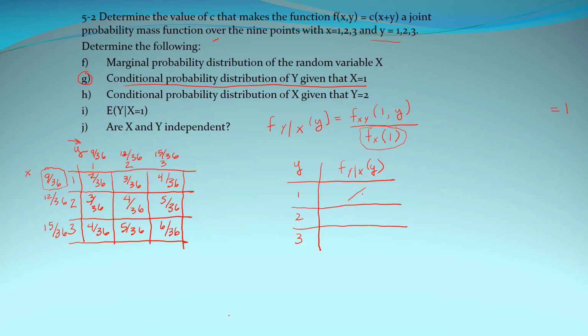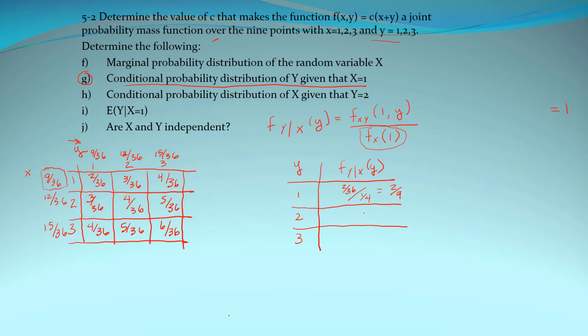So underneath is going to be 1/4 all the time, because that's actually 9/36. That's the marginal distribution for x is equal to 1. So if we plug in x is 1 and y is 1 right up in here, then we get 2/36. So that whole thing becomes 2/9.